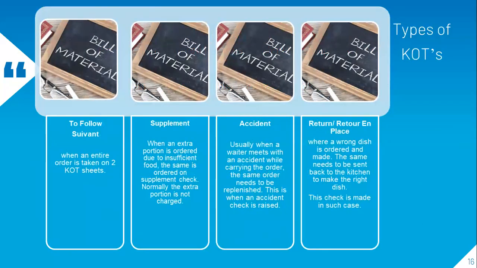This is when you make an accident KOT. Return. When a wrong dish is ordered and is prepared by the chef, again, the same has to be sent back to the kitchen and make the right dish. This is where a return KOT is prepared.